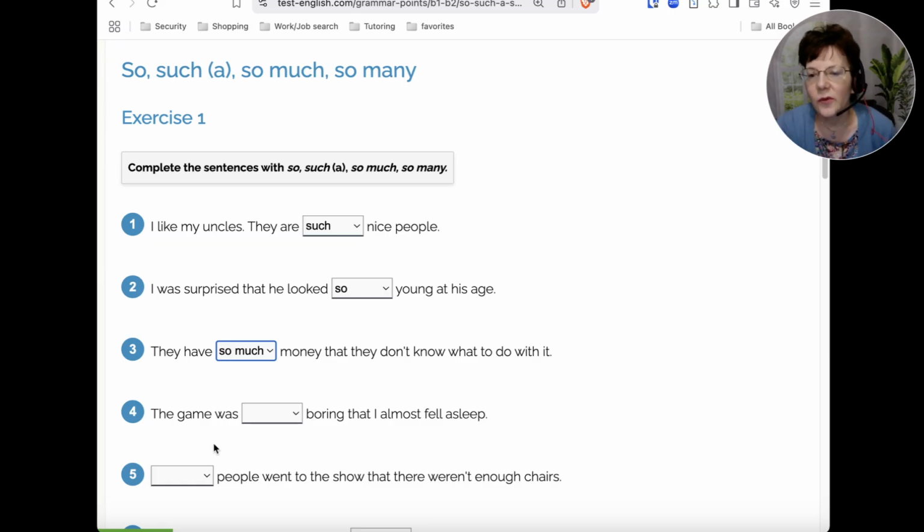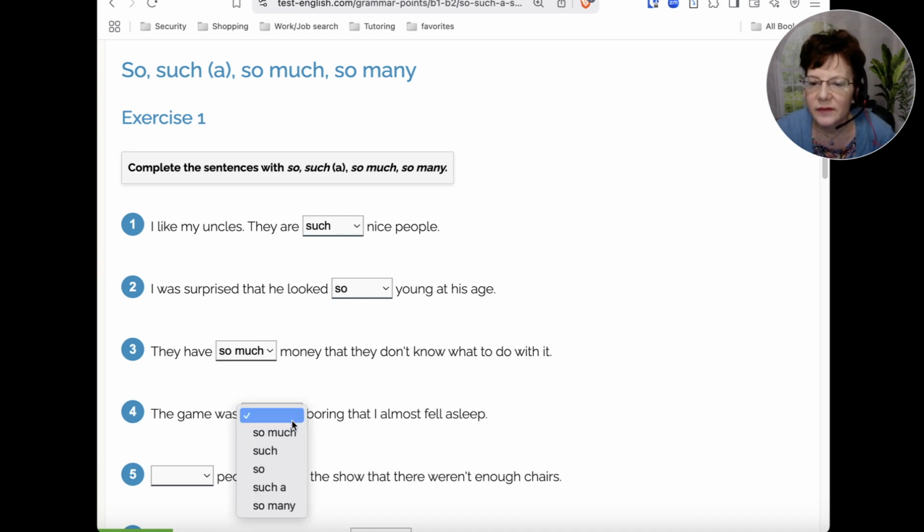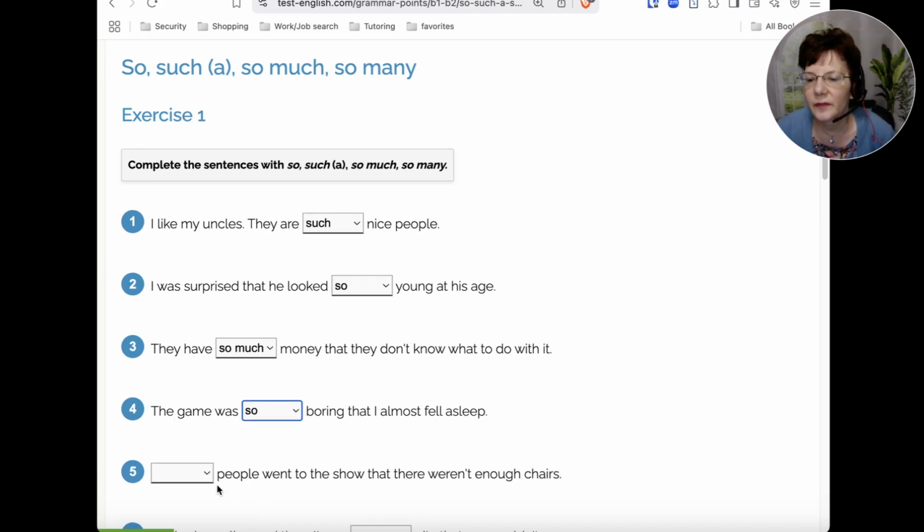Okay, number 4. The game was... same choices here. ...boring that I almost fell asleep. Okay, or it looks like if we choose the middle one, so boring, that would be the correct one. All right, one more here.